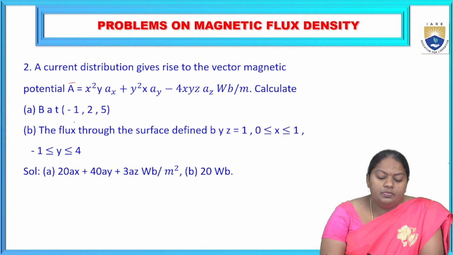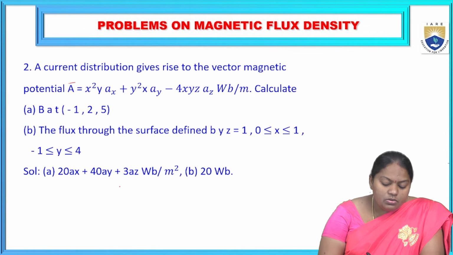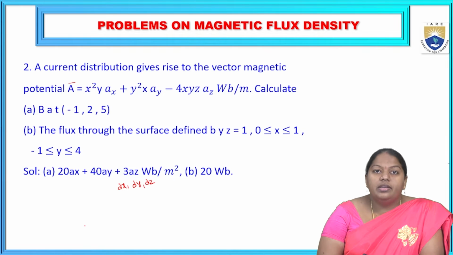Calculate B at (1, 2, 5). From the vector potential A, first we need to evaluate B. In the magnetic vector potential A, x, y, z coordinates are given, which means the coordinate system considered for this problem is rectangular, so the differential components are dx, dy and dz.